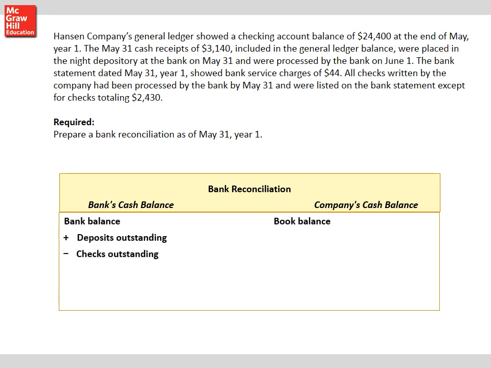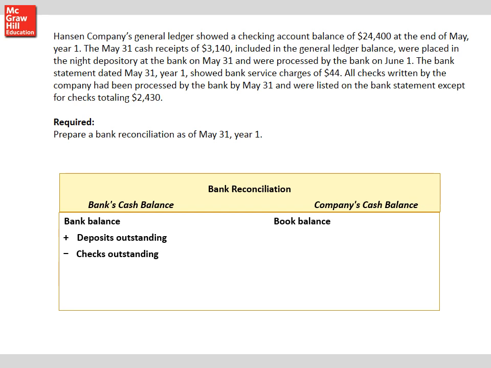Well, the bank balance is what we would start with in a bank reconciliation. And here we're looking for items that are not added or subtracted to our bank balance. So these are items that were in the company's checkbook but are not processed through the bank yet. Things like deposits outstanding. That night deposit was processed June 1.